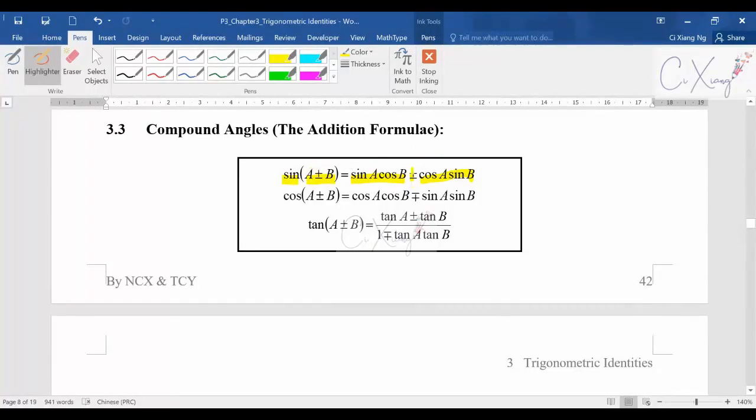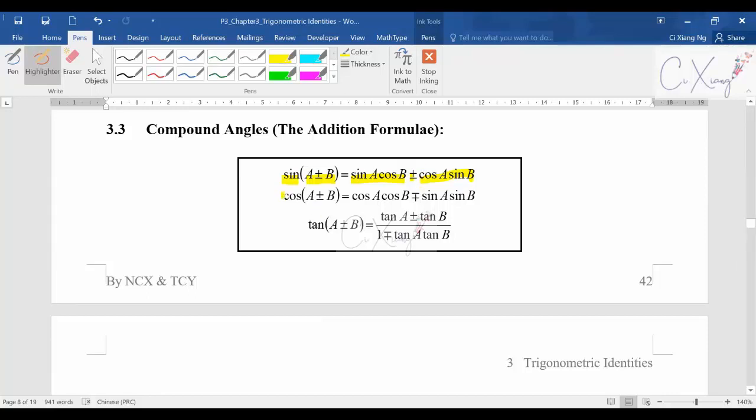So the signs are the same, plus and minus here, but the formula itself is sine A cos B plus cos A sine B. What I memorize is sine cos plus cos sine. I remember this because I applied it for many years.